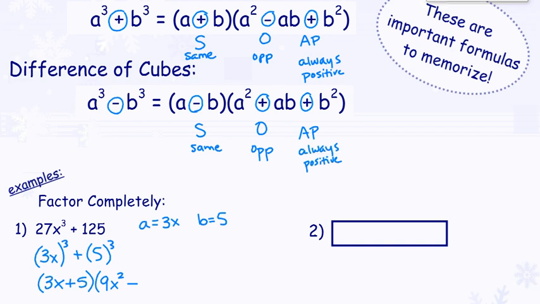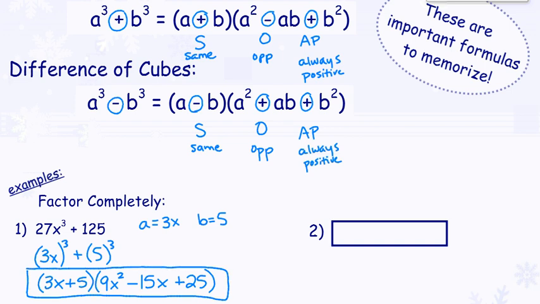Now multiply A times B, so 3x times 5, and that's 15x. And then plus for always positive. And then the last part is B squared, so that would be 5 squared, which is 25. And even though we have a quadratic expression here, it might be tempting to think that that factors further, but I think you'll find it doesn't. If it did, there would probably be a different formula that we were using. So there we go. We've used the sum of cubes formula to factor number 1.